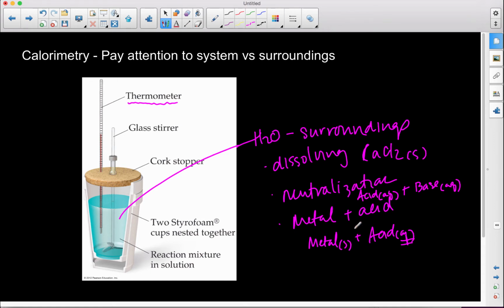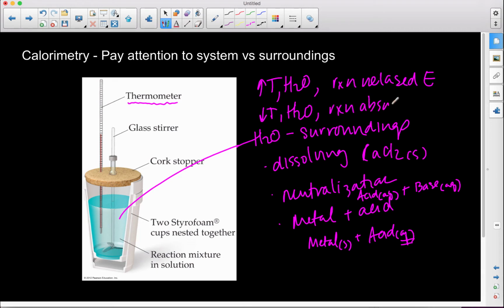And now that means if my water absorbs heat, if my water goes up in temperature, that means the reaction released energy. Yes? And if we decrease the temperature of my water, that means my reaction absorbed energy. That says absorbed. Okay?